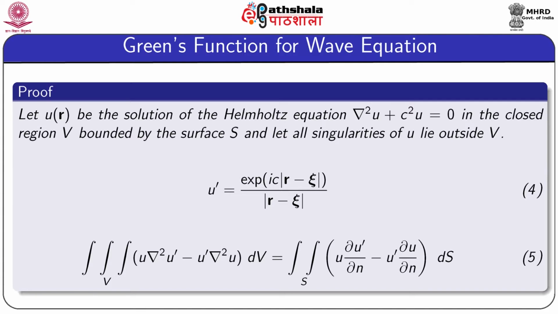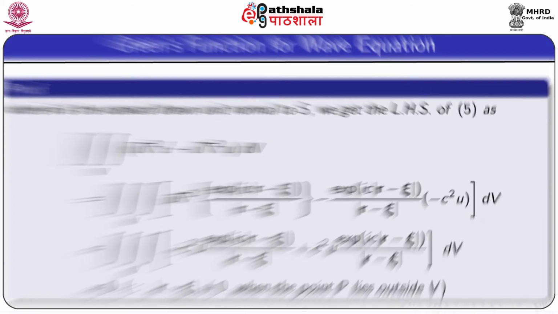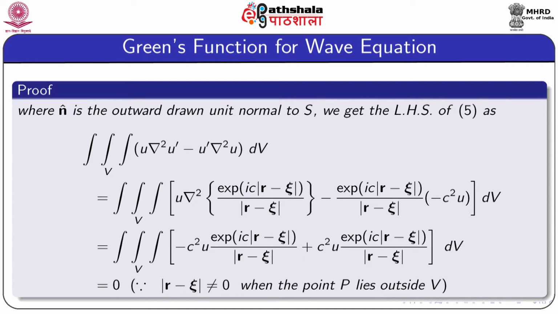Now, in this theorem, we substitute this particular expression for u dash, then equation 5 becomes the volume integral of u Laplacian square u dash minus u dash Laplacian square u over V. Here we are substituting the expression for u dash, which I have written in the last slide.